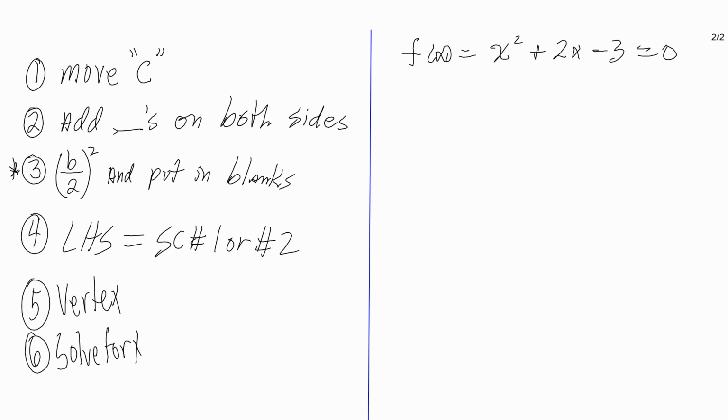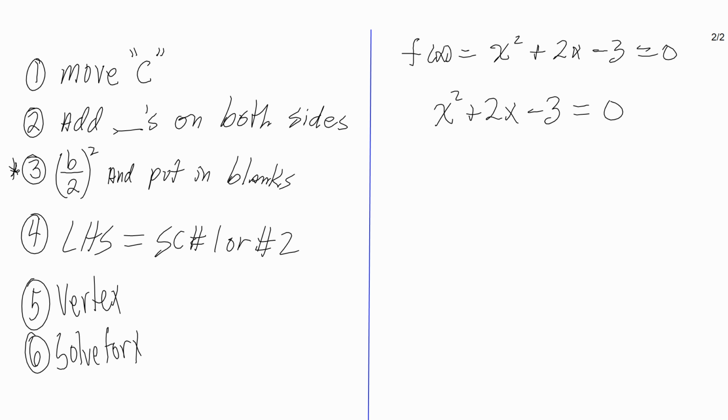Well, that's what you do. x squared plus 2x minus 3 is equal to 0. You've got to have that 0 there to start the problem, because you're setting y equal to 0, which gives you your x-intercepts.